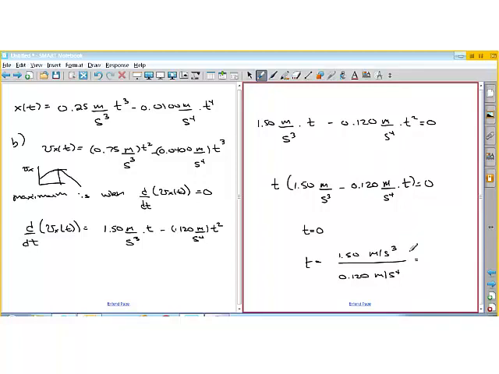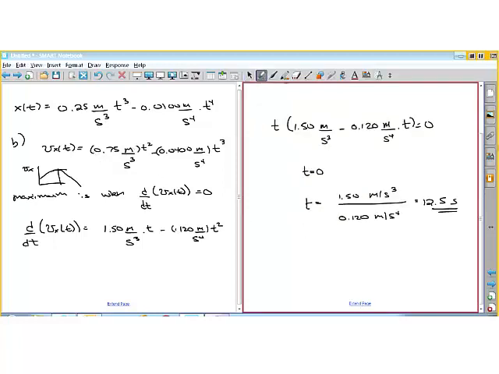So 1.5 divided by 0.12, I get 12.5 seconds. So that's the time where the velocity is a maximum. And actually t equals 0 is when it's a minimum.